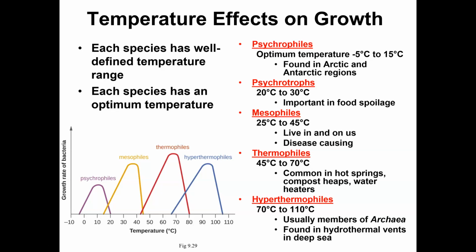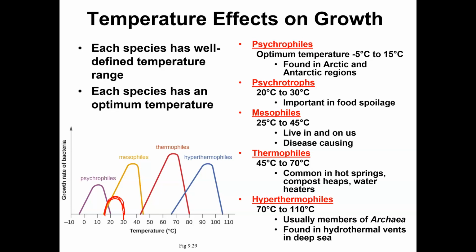All right, now the gray area. Psychrotrophs. Poor psychrotrophs get left out of some books. But psychrotrophs occupy kind of a narrow band around here. Psychrotrophs are cold tolerant bacteria.